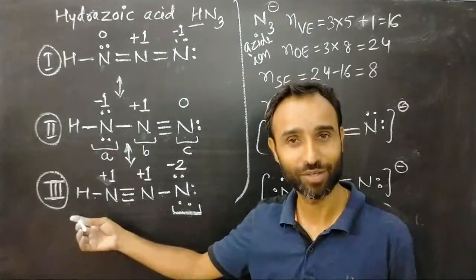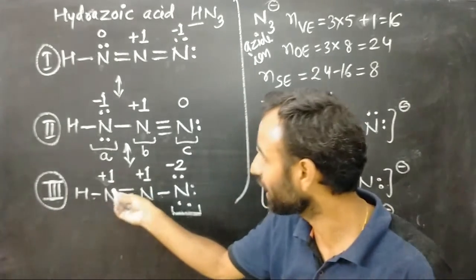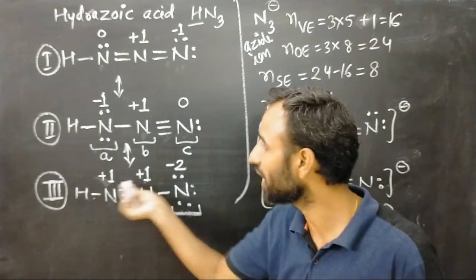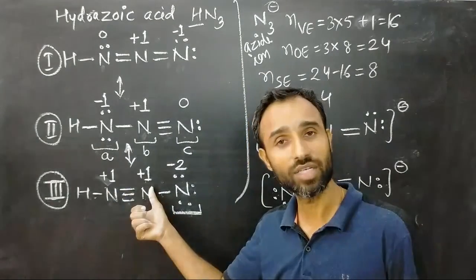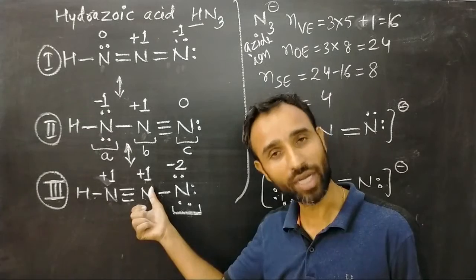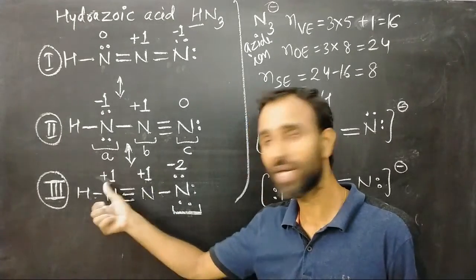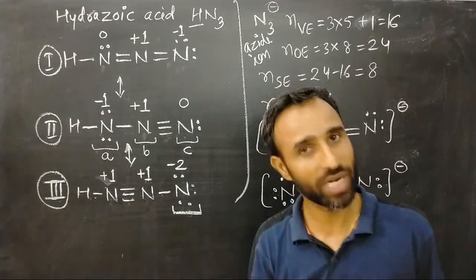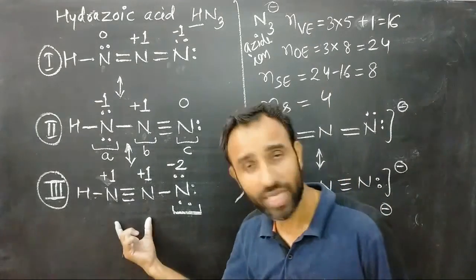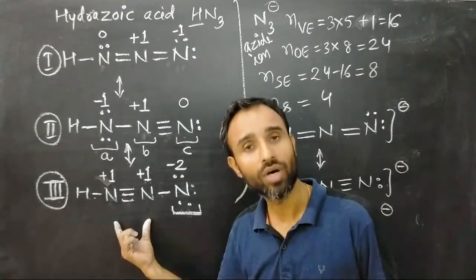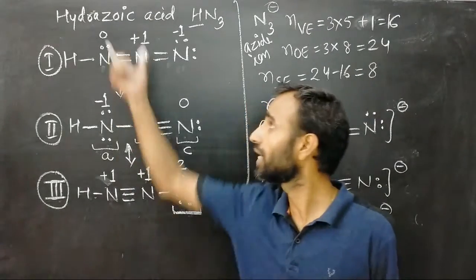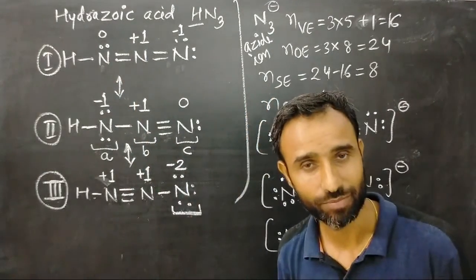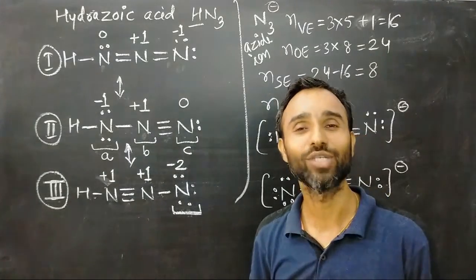Third one, because in this case like charges reside on the neighboring atoms, and because like charges repel each other, this is the least stable, least favorable resonating structure for hydrazoic acid. That's all for the day. Thank you so much.